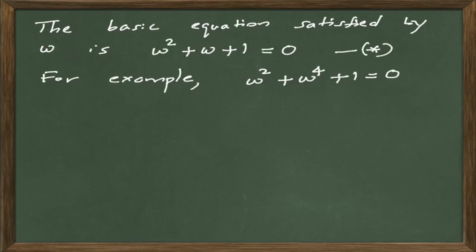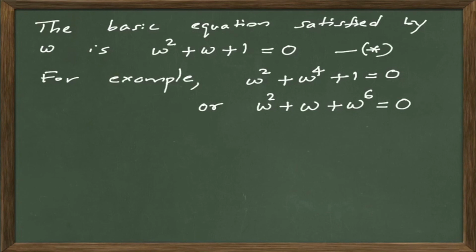Or remember, we have to interpret 1 in this equation as omega cube or omega to the power 6. Therefore, multiplying 1 by omega to the power 6, we get another equation, omega square plus omega plus omega to the power 6 is equal to 0.